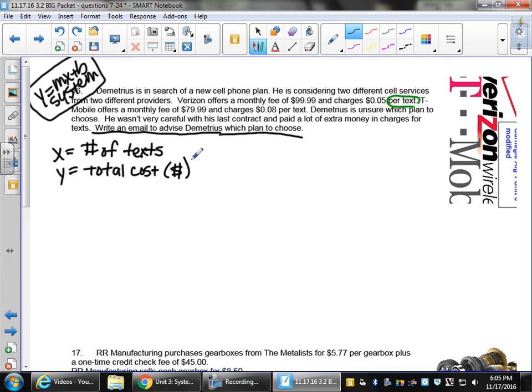What are we comparing? We are trying to give him advice on what? 2 different providers. And what are the providers? We've got Verizon, and we've got T-Mobile. I'm going to make Verizon yellow. Get your highlighters. What do we know about Verizon?